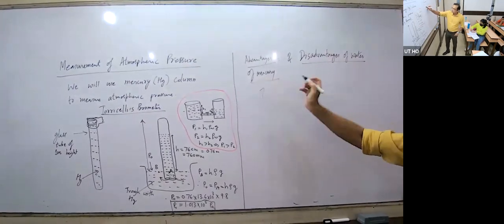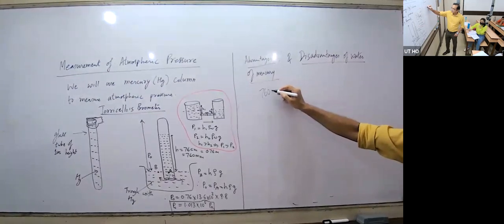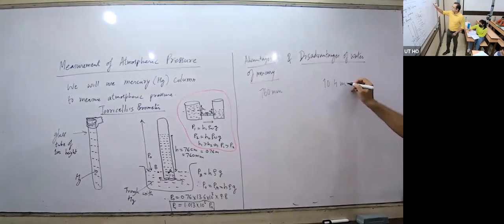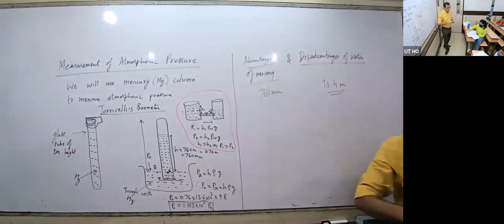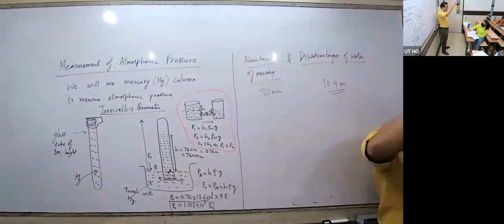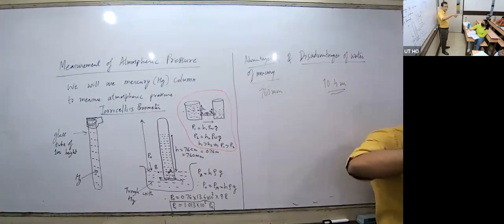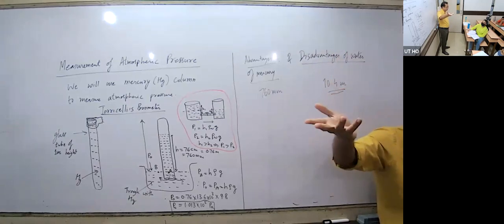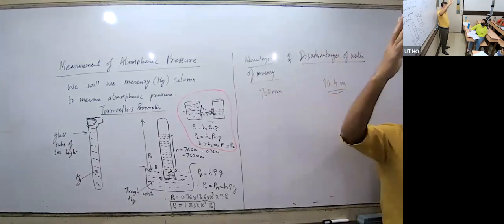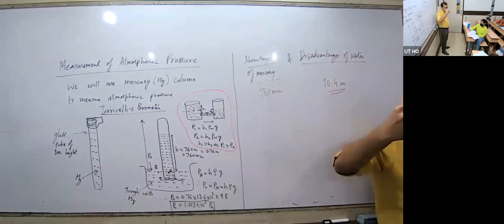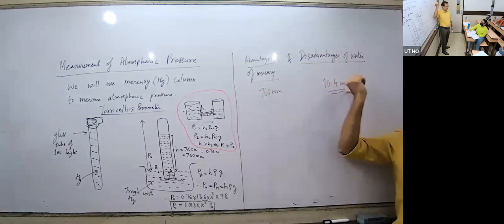What was the height in case of water? Any idea? 10.4 meters. It will be almost 10.4. Now imagine if you are conducting the experiment in a laboratory and you have to hold a 10-meter long test tube. Any idea how many meters this height is? Around 3 meters. So two and a half floors of test tube. Will it be convenient? No. That's why it is an advantage.